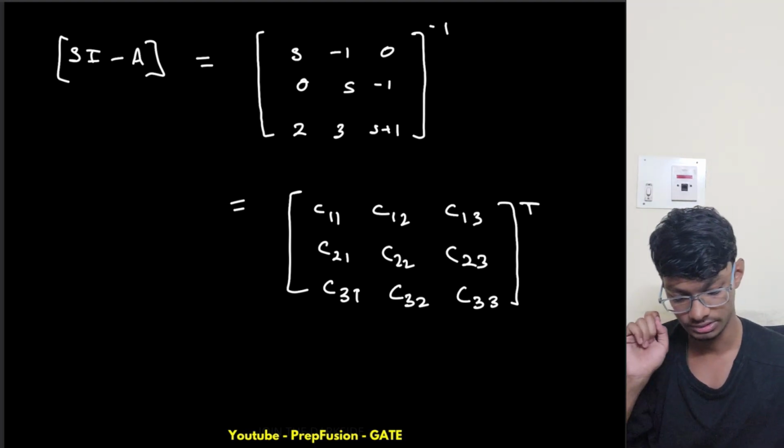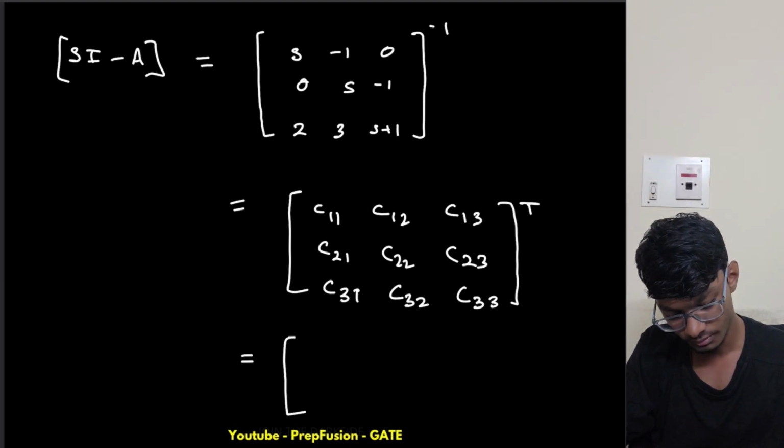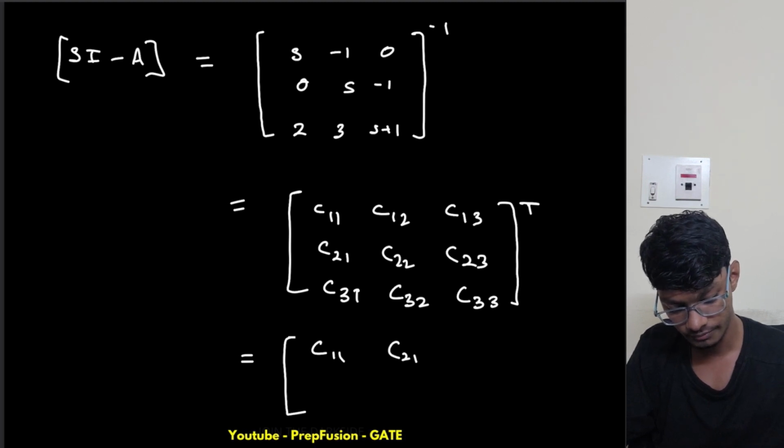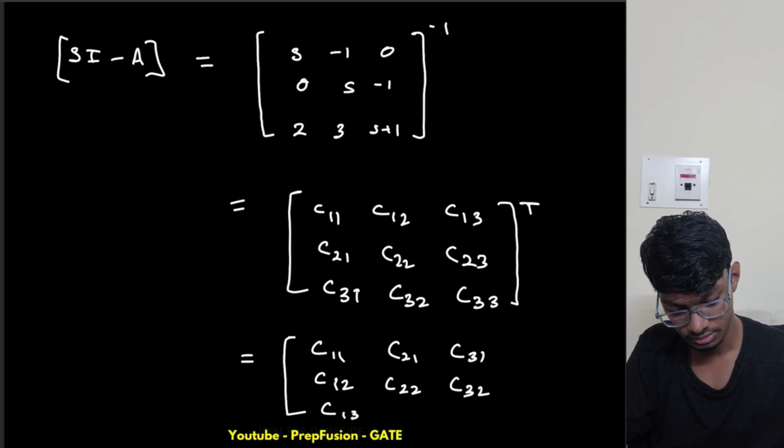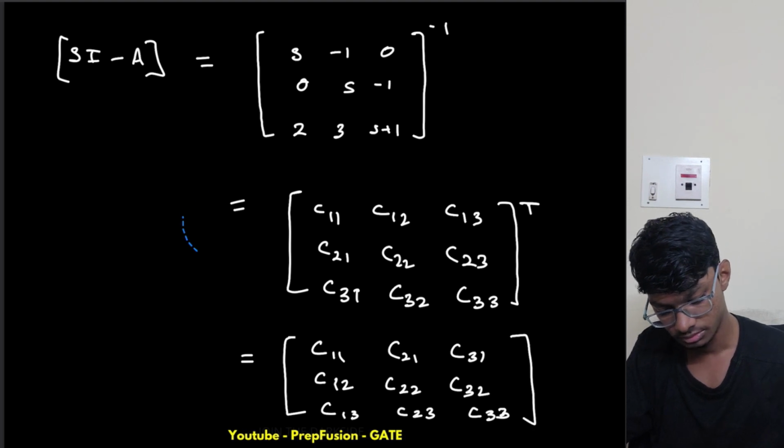Now the rows become columns and columns become rows. So here you will understand the meaning of transpose. So this is C11, C21, C31, this becomes C12, C22, C32, this becomes C13, C23, C33.